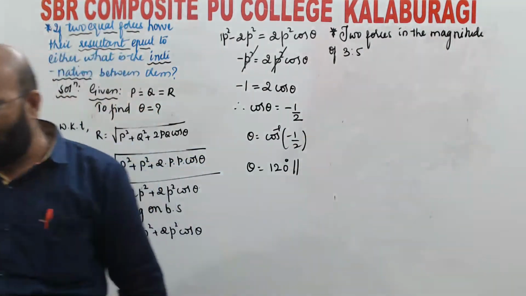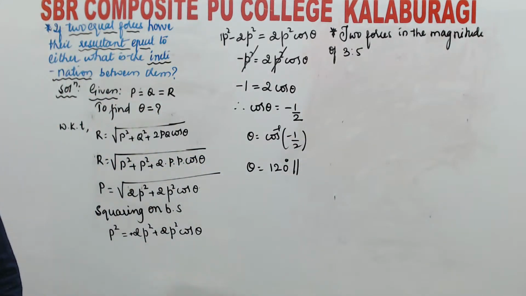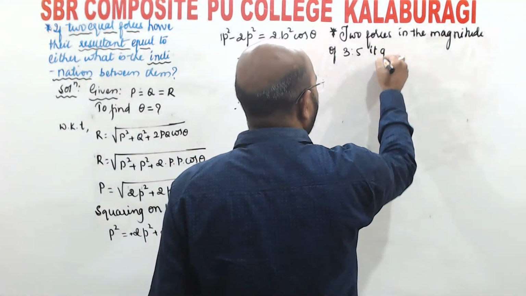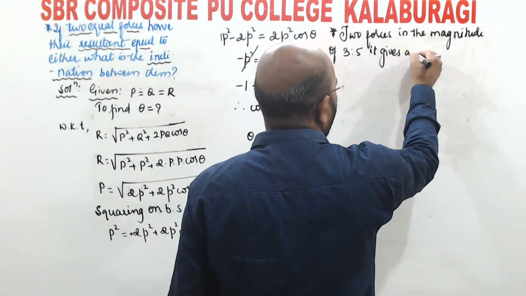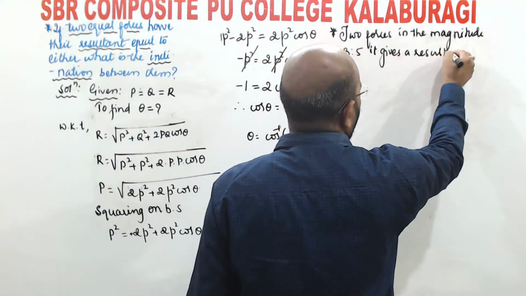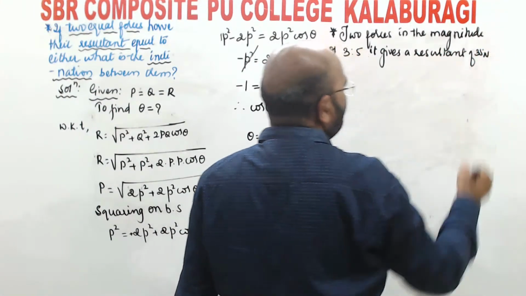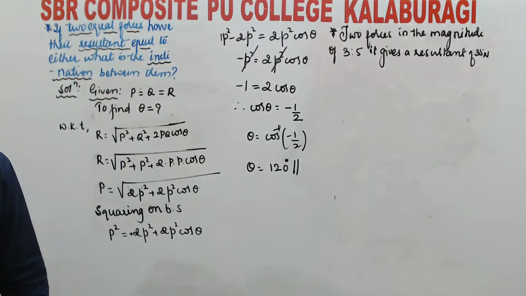The magnitude value is given, and it gives a resultant of 35 Newton.